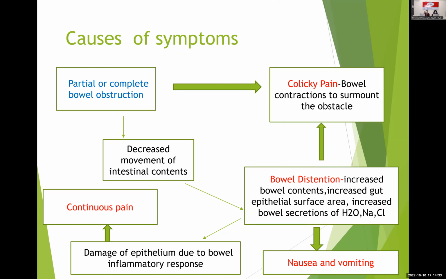As sir was saying, you can also see what type of vomitus the patient is having. Is it bilious or not, is it feculent or not? Or is it only just secretions? Is he having any constipation? Can we hear his bowel sounds?